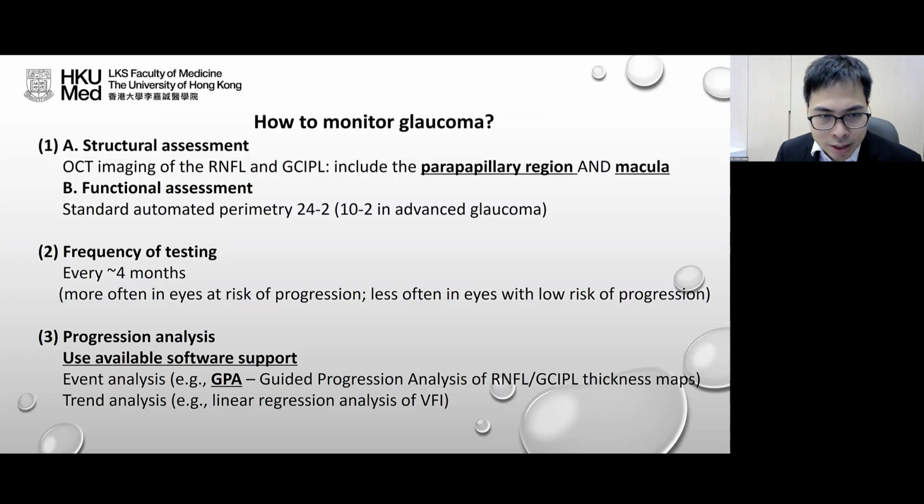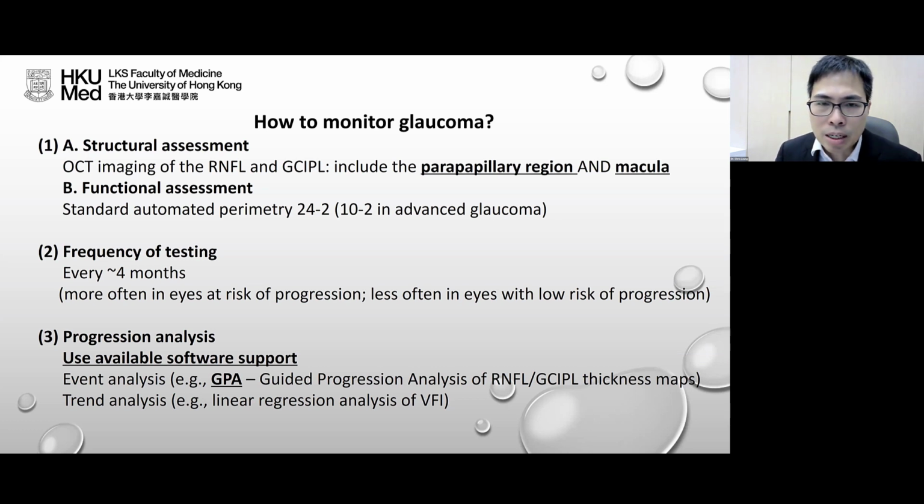So again, this is a summary. The take-home message is, I strongly advise you, when you evaluate visual field loss, you really need to look at GPA, guided progression analysis. This is actually one consensus statement we made in another consensus meeting about glaucoma progression from the World Glaucoma Association consensus meetings.